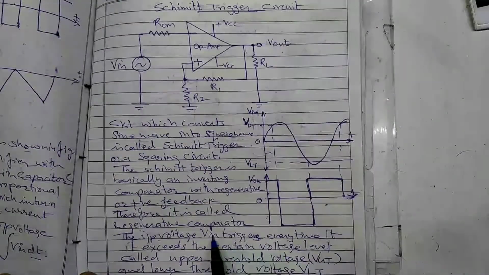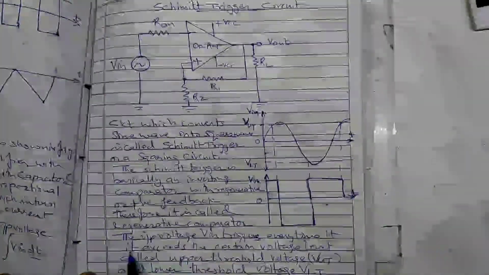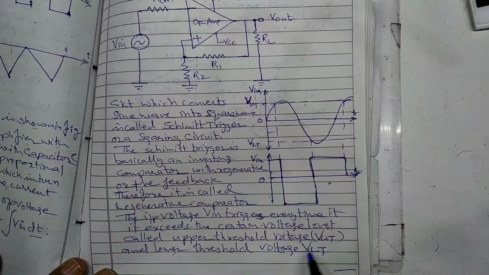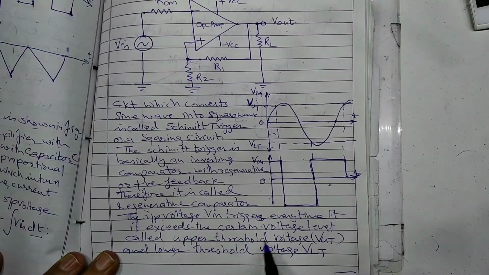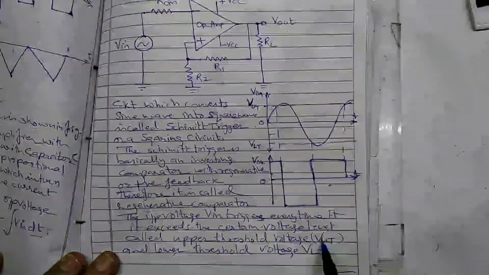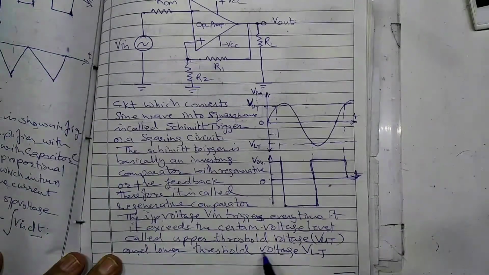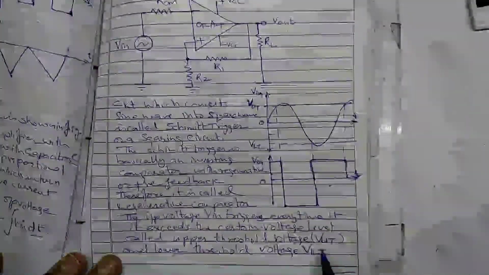The input voltage Vin triggers every time it exceeds a certain voltage level. That is called the upper threshold voltage, or VUT, and the lower threshold voltage, VLT.